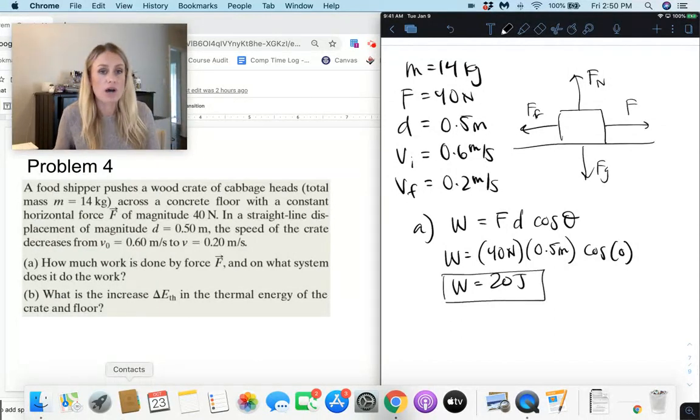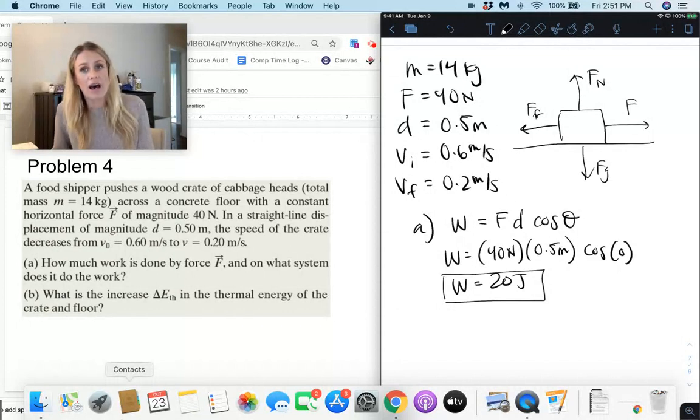Now it also says, on what system does it do the work? That applied force is doing work on the box. However, we are slowing down, so we have a non-conservative force of friction acting on this box from the floor. Because of that, we're actually losing kinetic energy, even though we are applying a force to the block.